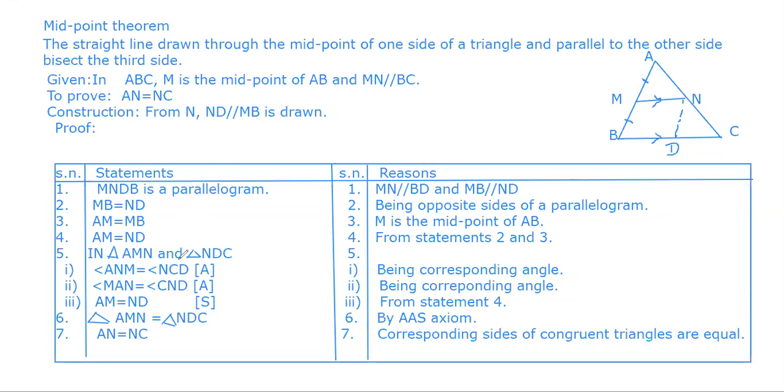You have to write the congruent sign. Now AN and NC are equal because corresponding sides of congruent triangles are equal.